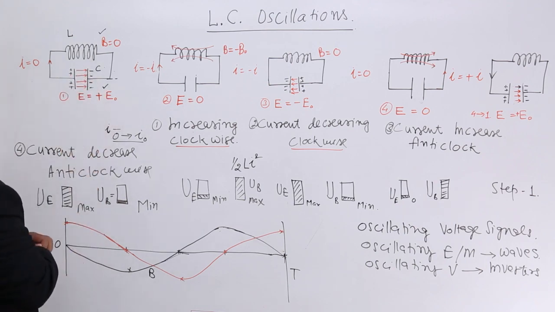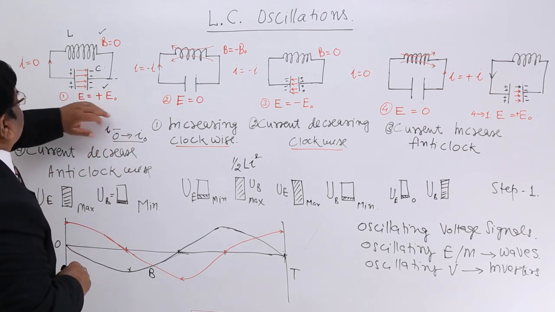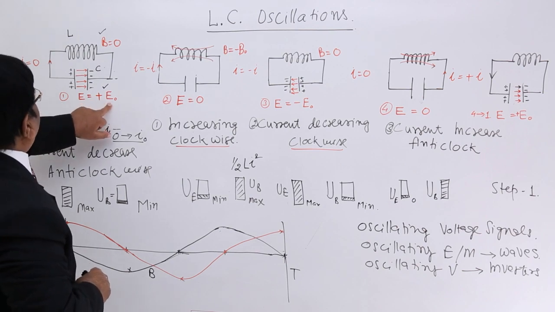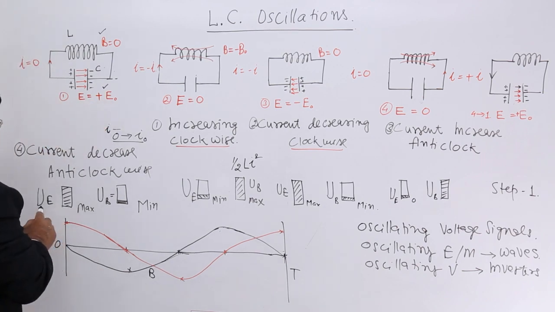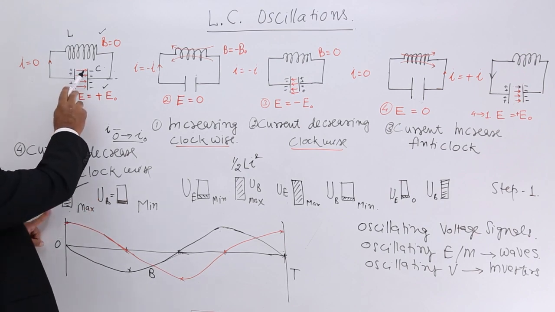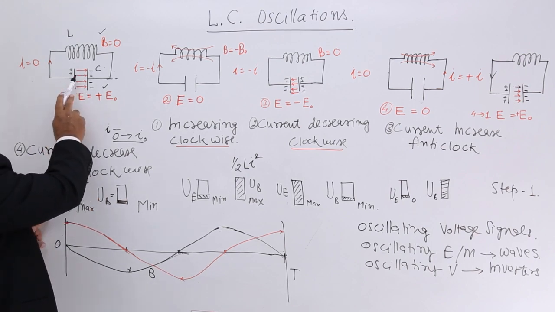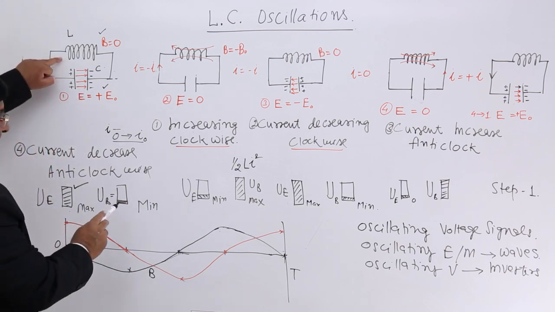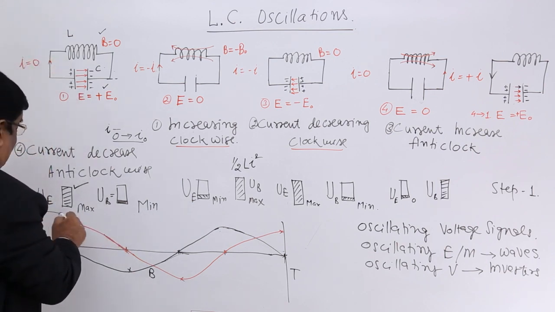Now what happens in this? Here we study E is equal to E naught. The energy is fully there in electrical form. Magnetic energy is minimum.